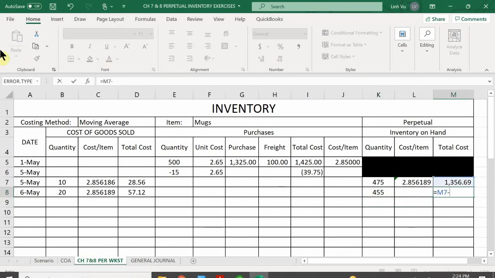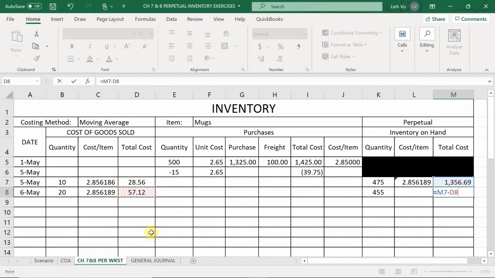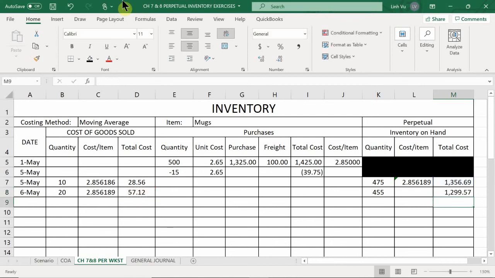We also need to update our total cost, so minus the 57.12, and we should get 1,299.57. Good. That brings our cost per item to more or less the same, except now it's increased by a ten-thousandth of a penny.